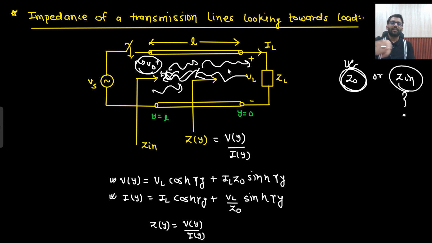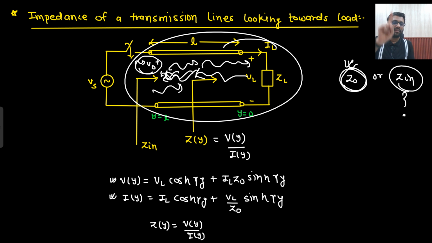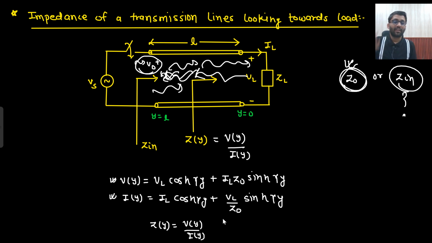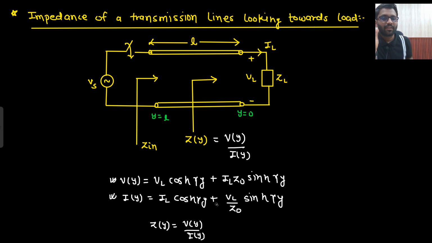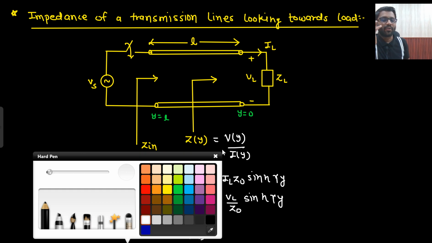So at steady state, the transmission line can be replaced with Zin. But at t equals 0 plus, the transmission line will be replaced with Z0. We will see it again and again, do not worry, but later on it will come, that's why I explained it here. Transient on transmission line is a very important topic.